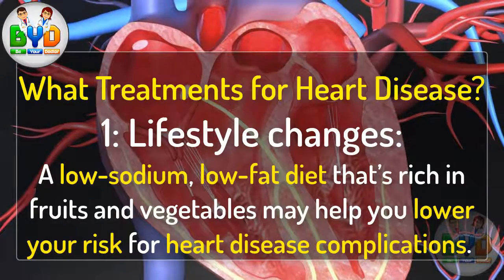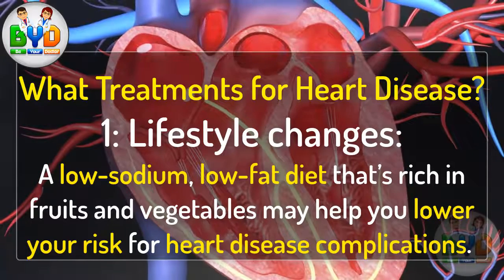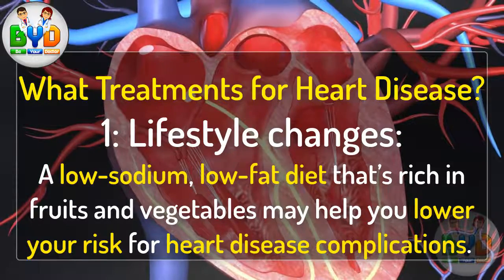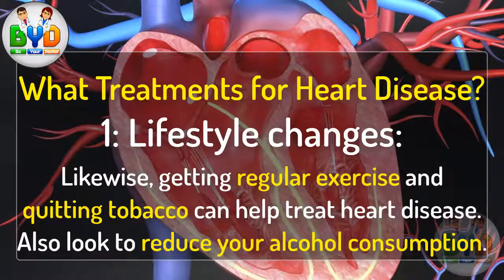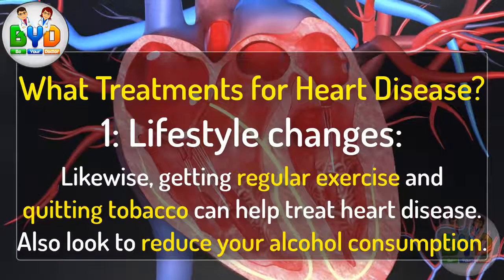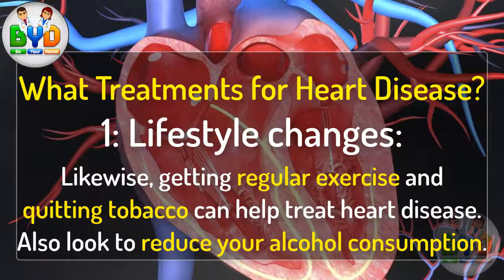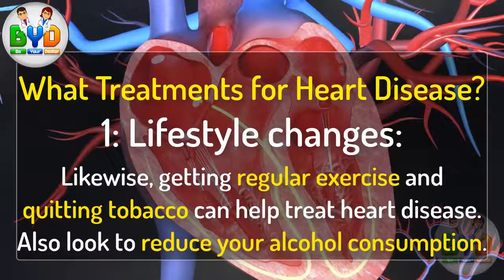A low-sodium, low-fat diet that's rich in fruits and vegetables may help you lower your risk for heart disease complications. Likewise, getting regular exercise and quitting tobacco can help treat heart disease. Also look to reduce your alcohol consumption.